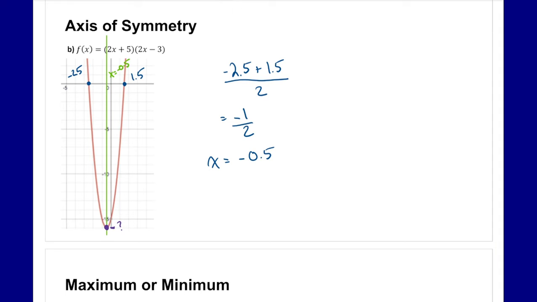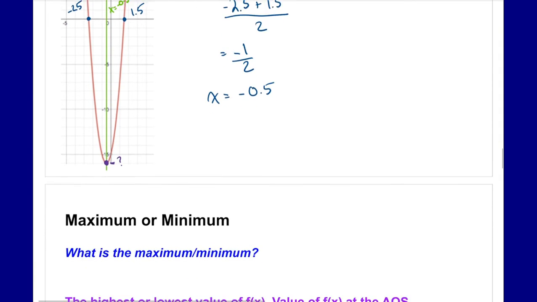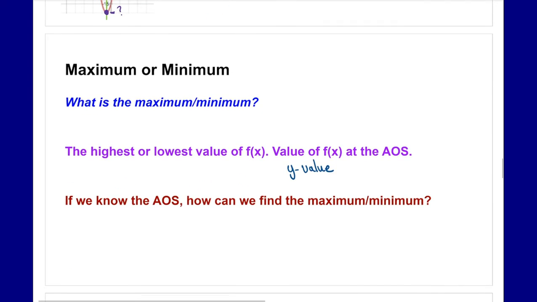Well, I have an equation. I know what the x value is going to be. So if I have my axis of symmetry, I can find the maximum or minimum by plugging in.